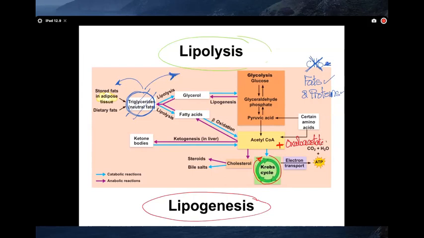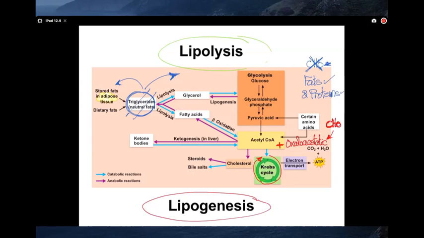Oxaloacetic acid, oxaloacetate. Where do I get originally the oxaloacetate from? It's coming from the carbohydrate metabolism.